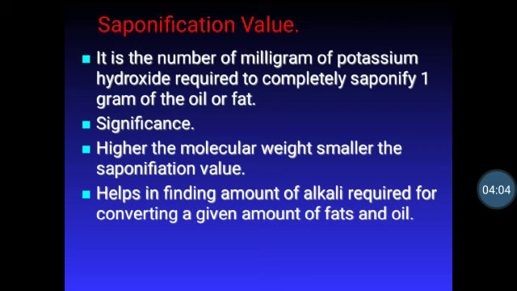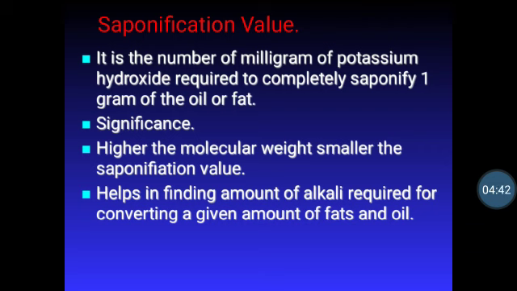We go on adding till all the fatty acid, whether in bound form or in free form, from this 1 gram of butter is converted to soap. At that point, we stop adding potassium hydroxide. Then you measure how much potassium hydroxide is added, and that quantity of potassium hydroxide becomes the saponification number.